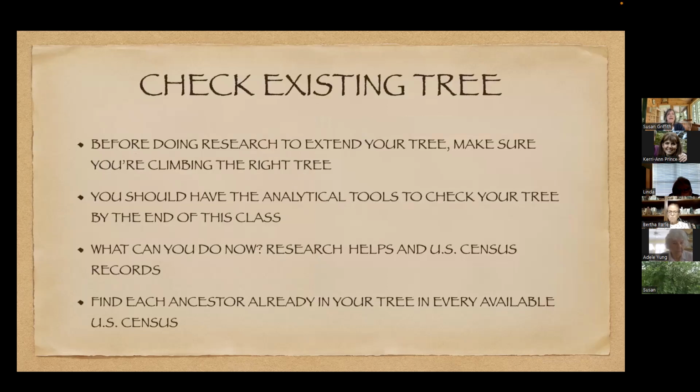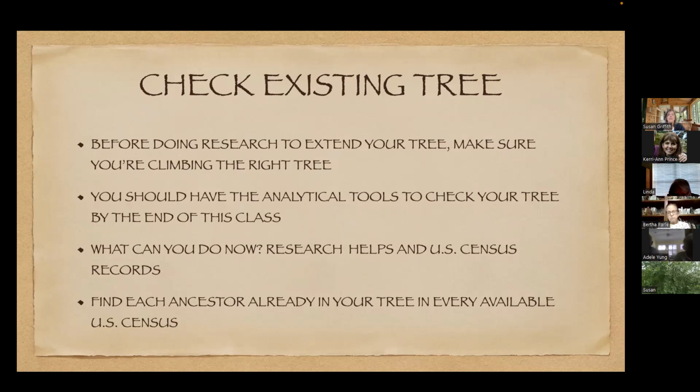So by the end of this class, you'll be able to check your existing tree. A lot of you have entered a lot of data into FamilySearch, and maybe you've gone back far enough that you've hooked up to other people's work. That's really exciting when you hook into the big, collaborative tree and see that there are other people working on that line with you.